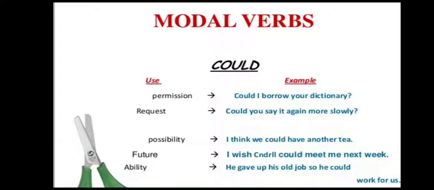For example, could I borrow your dictionary? Now for request, could you say it again more slowly? Possibility, if we are not sure that a particular thing is going to happen or not, this comes in possibility. So I think we could have another tea.